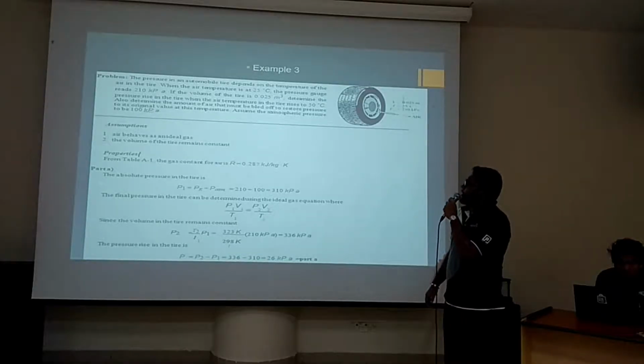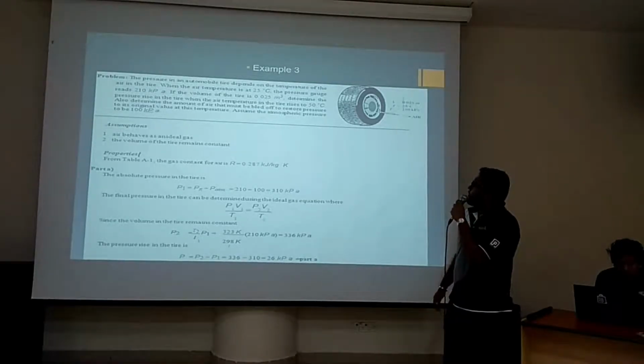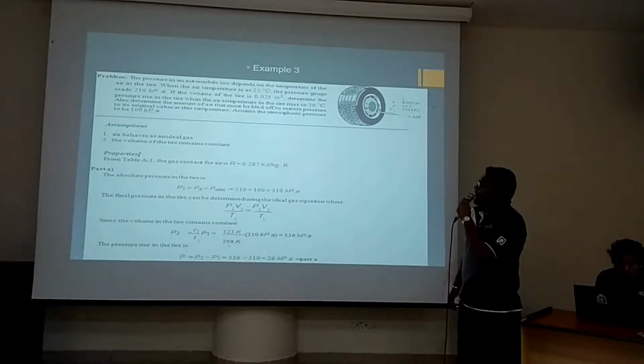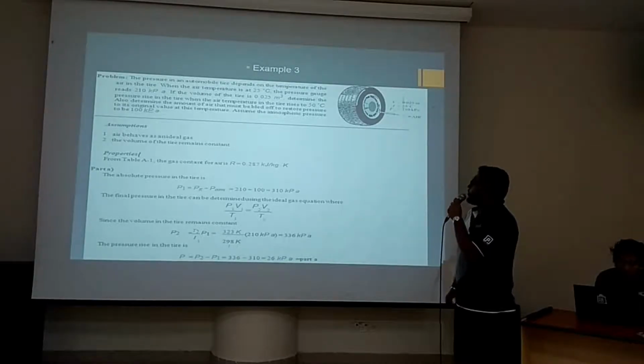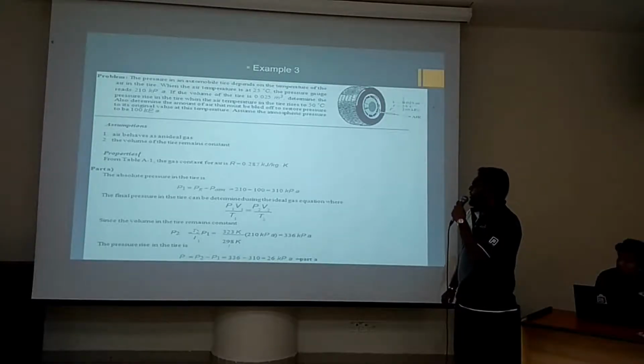If the volume of the tire is 0.025 meter cube, determine the pressure rise in the tire when the air temperature in the tire rises to 50 degrees C. Also, determine the amount of air that must be bled off to restore pressure to its original value at this temperature. Assume the atmospheric pressure to be 100 kilopascal.